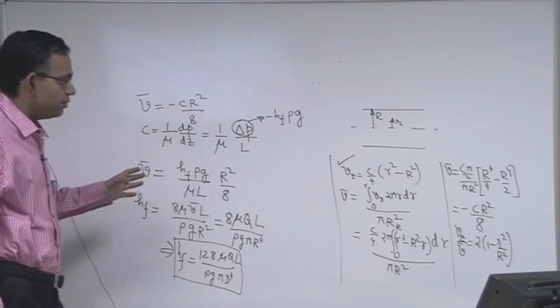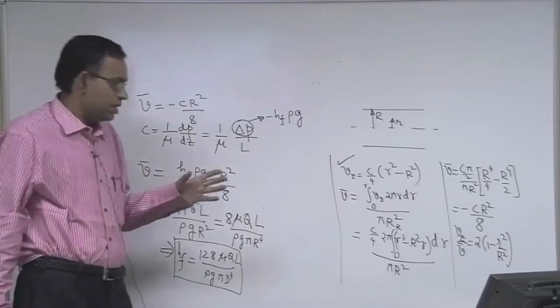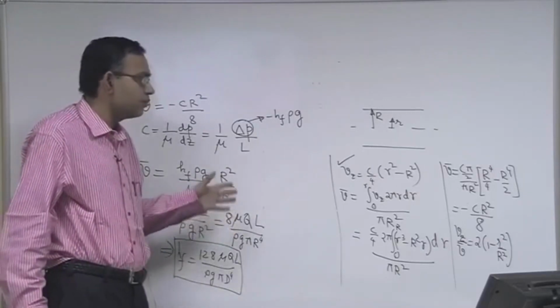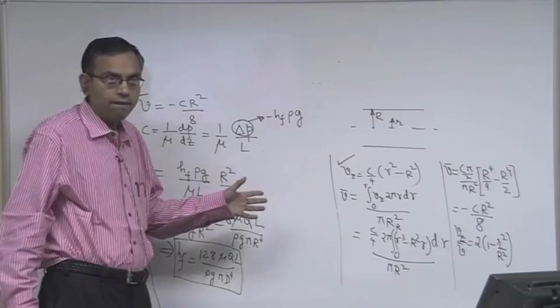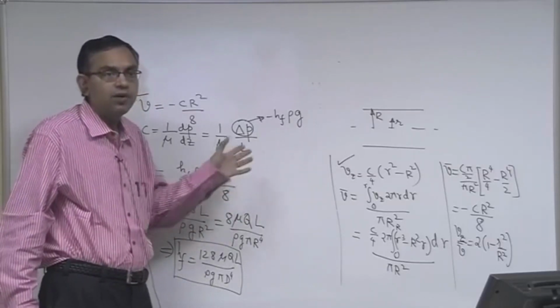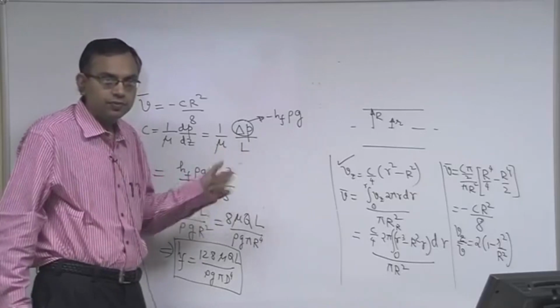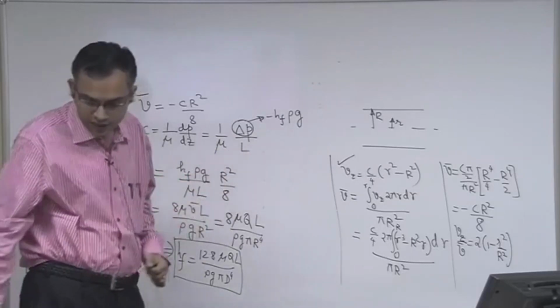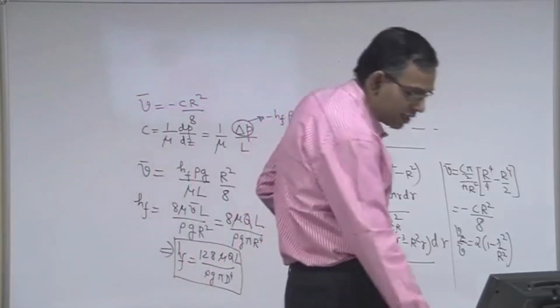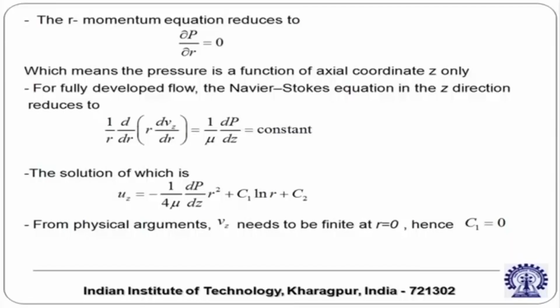So, what we have done, we have summarized the description for fully developed flow, for parallel plate channel and for circular geometry. So, let us summarize the important findings as we get back to the slides.